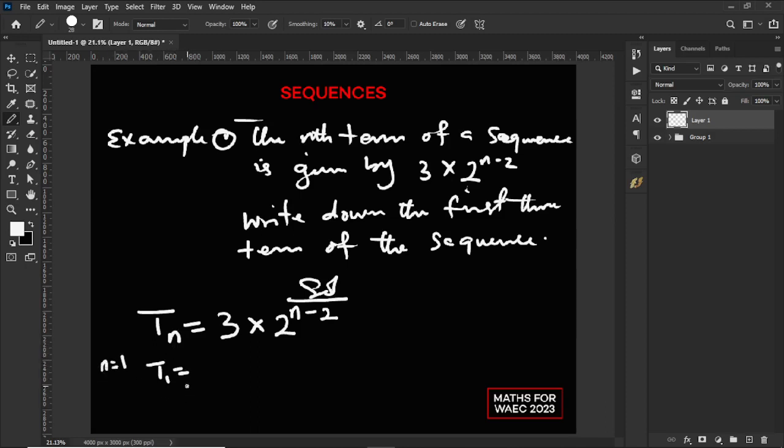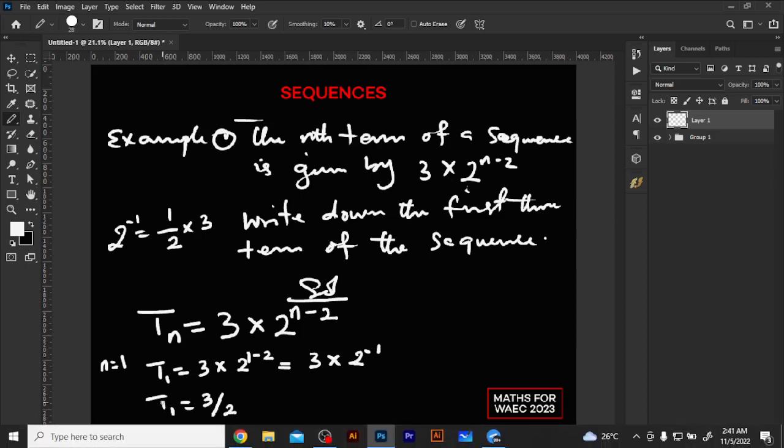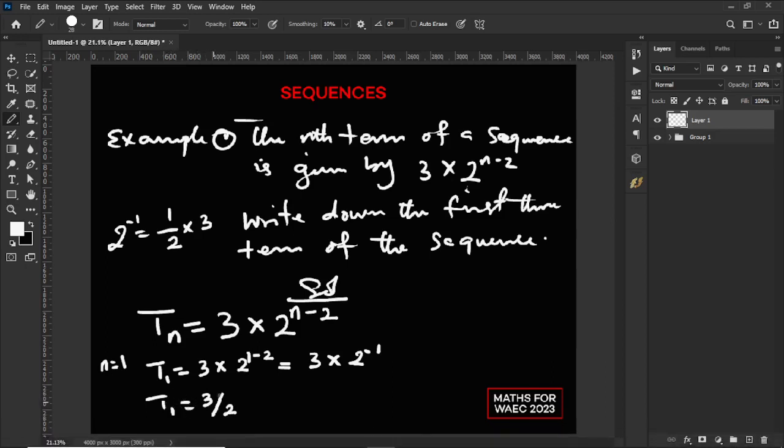When n is equal to 1, T1 is 3 times 2 to the power of 1 minus 2, which equals 3 multiplied by 2 raised to power minus 1. 2 raised to power minus 1 can be written as 1 over 2. 1 over 2 multiplied by 3 gives 3 over 2. So our T1 is 3 over 2.